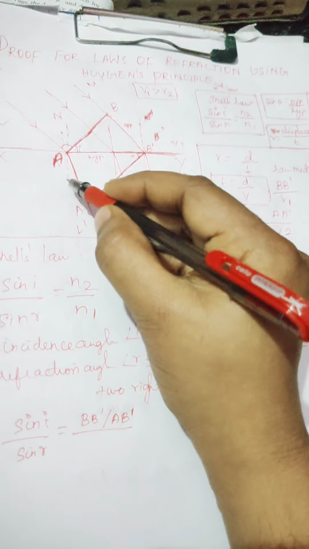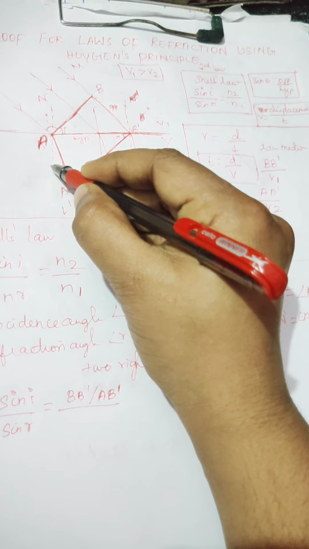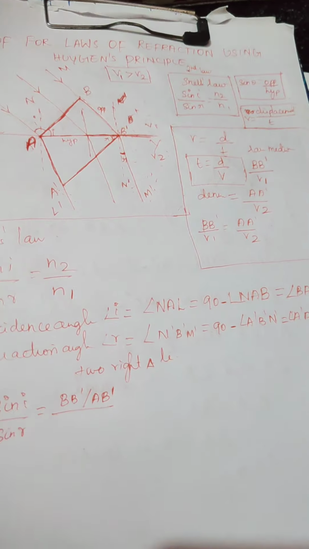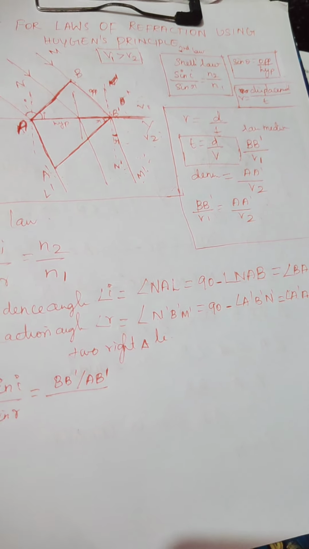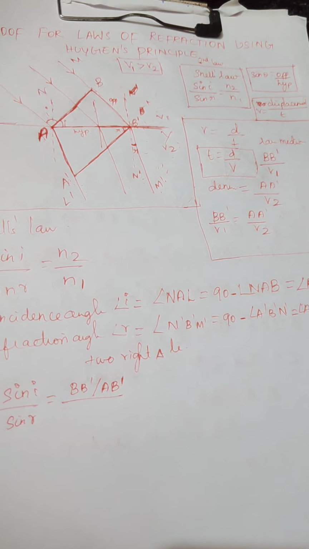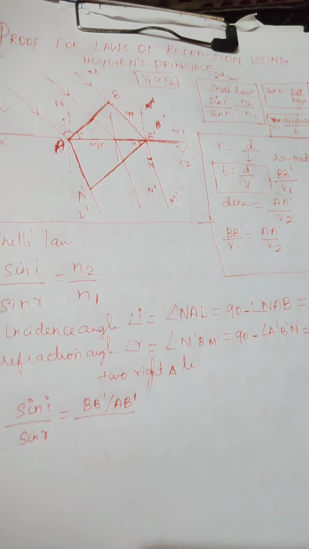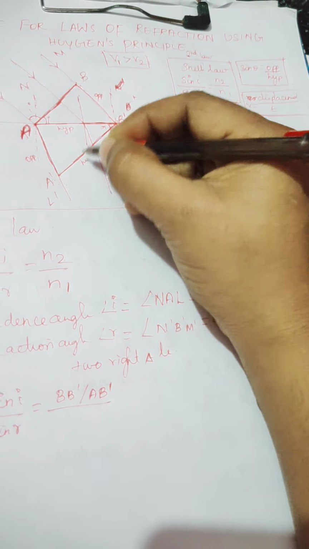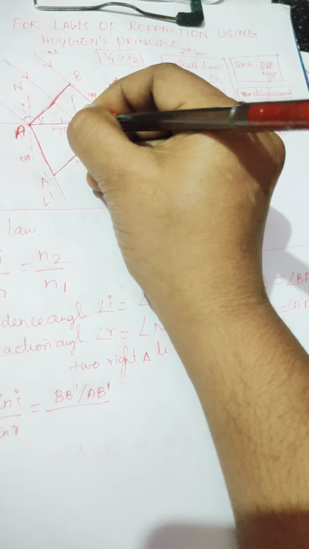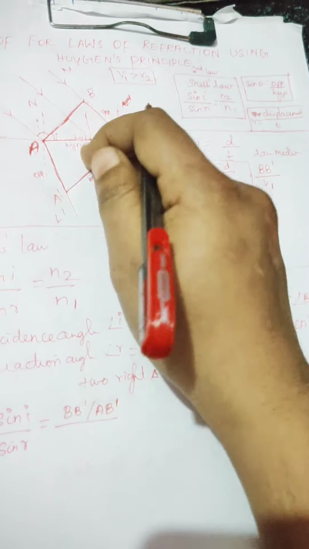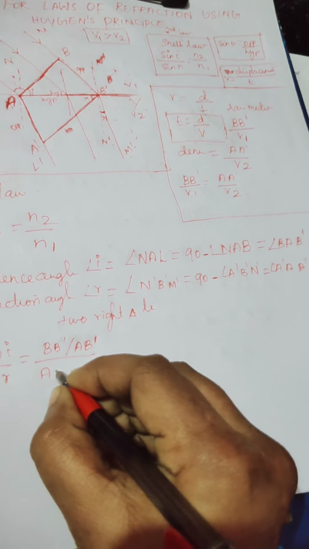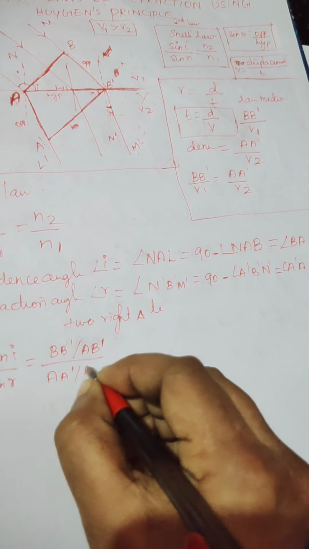Which one is the opposite? Here only. So the equation will be A dash divided by A, B dash. A dash will be the opposite and this one will be the hypotenuse. For both, the hypotenuse is the same.